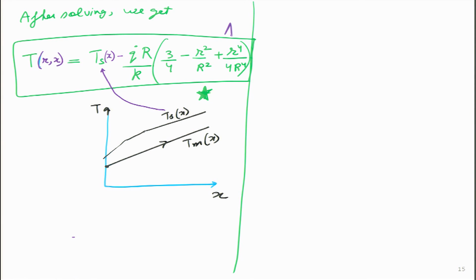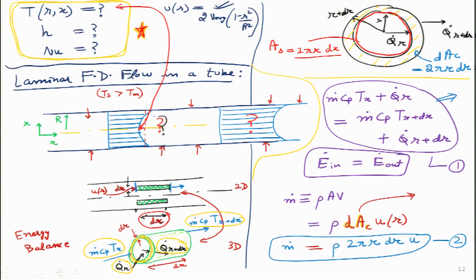Now the solution is totally final, which means at any r and any x, we have solved this. The first thing that we wanted to solve, I can find the temperature profile at this x value, and now I can even tell why this length is less and this length is large, isn't it?